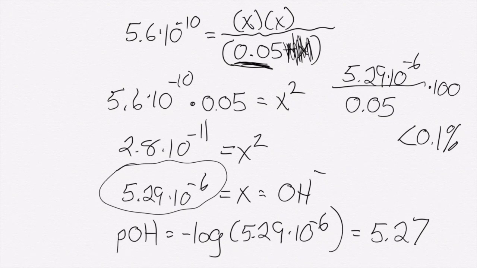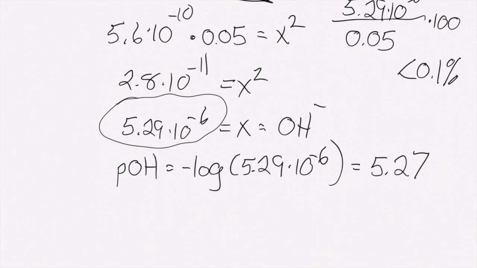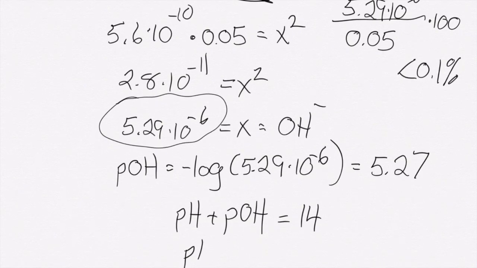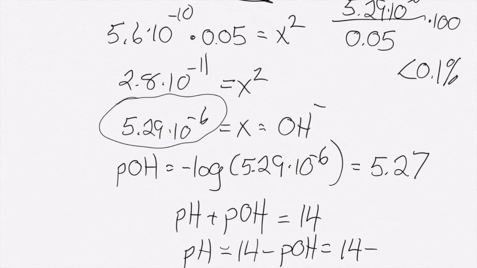So we can move forward. Using the pOH, we know pH plus pOH equals 14. 14 minus our pOH is going to be equal to 8.72. 14 minus 5.27, which we find is equal to 8.72.